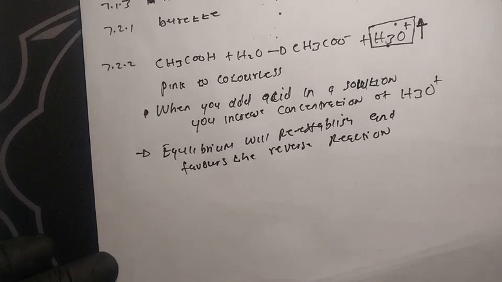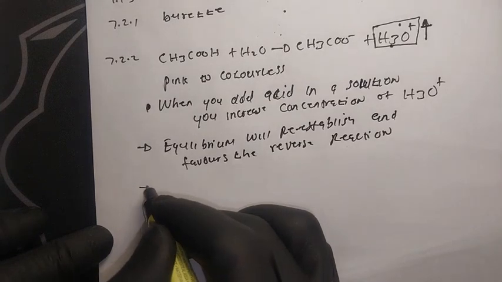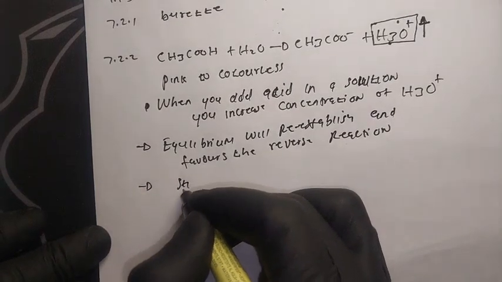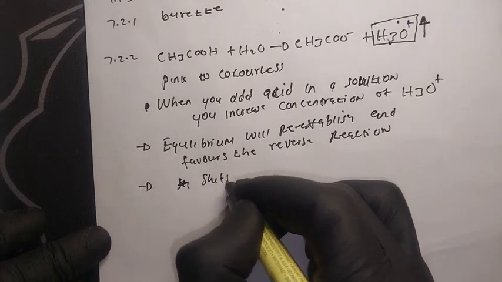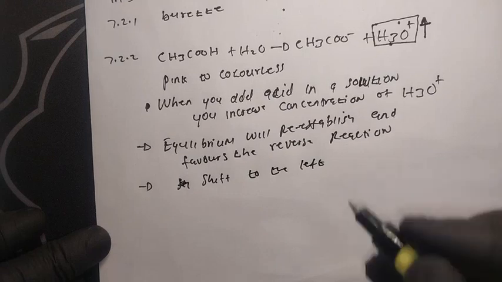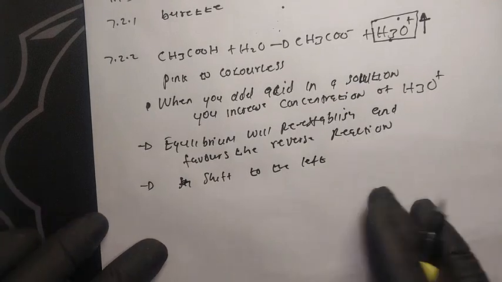Once you have explained that, what does it mean? It means it will shift to the left. There will be a shift of the equilibrium, or you can simply say it will shift to the left, meaning more reactant will be formed compared to the product.